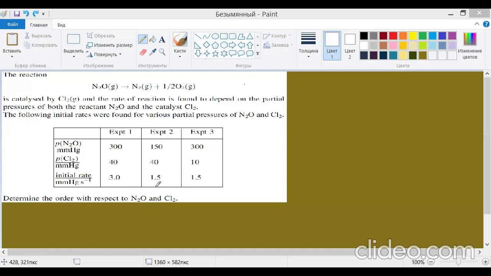We have dealt with a similar assignment before, and we are going to apply the same technique.